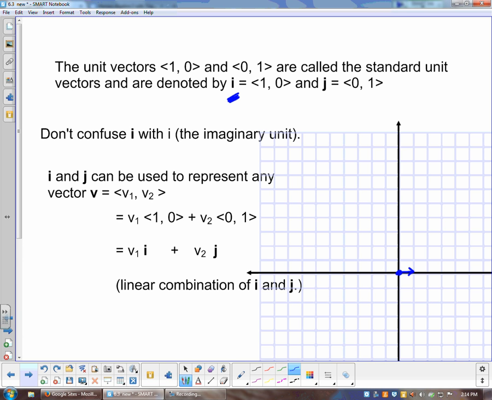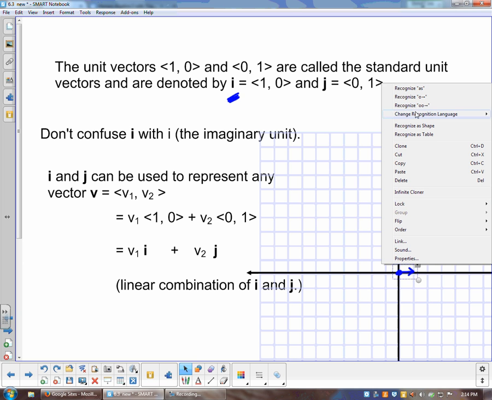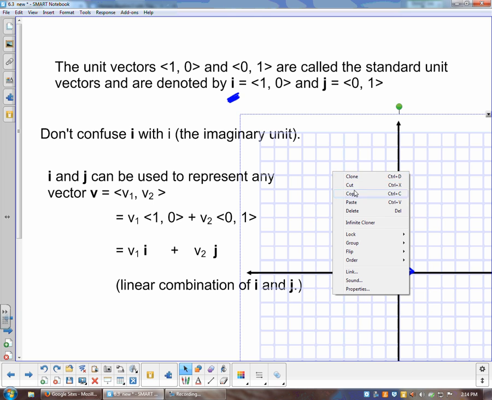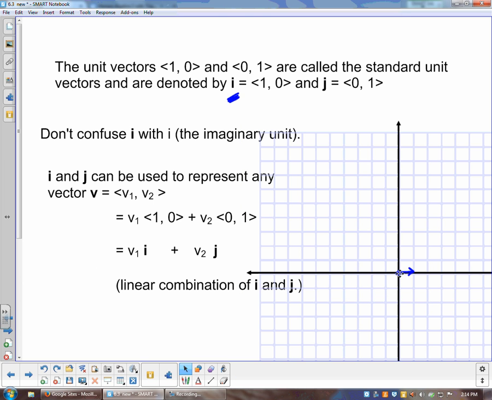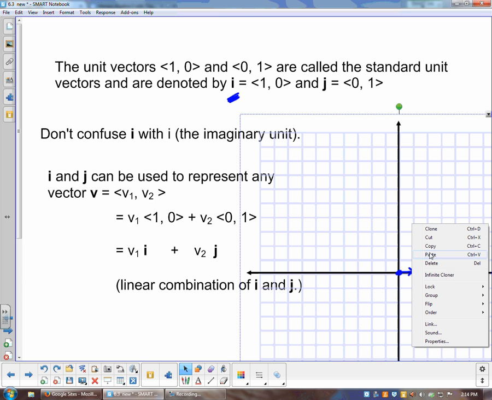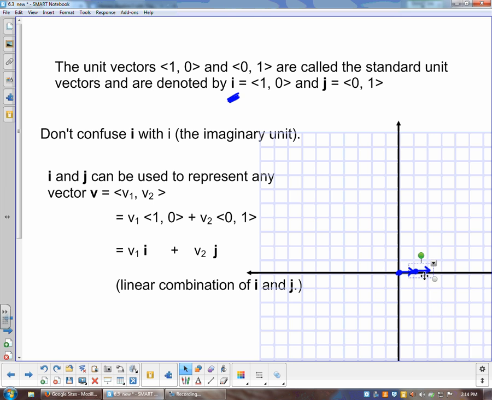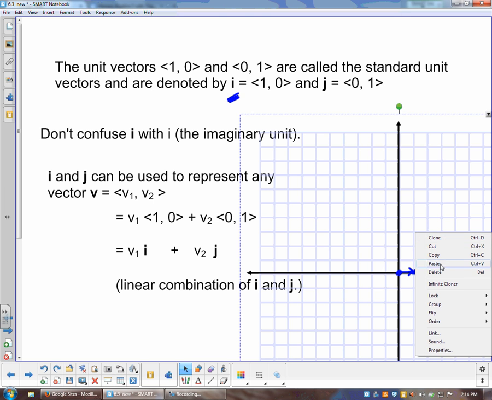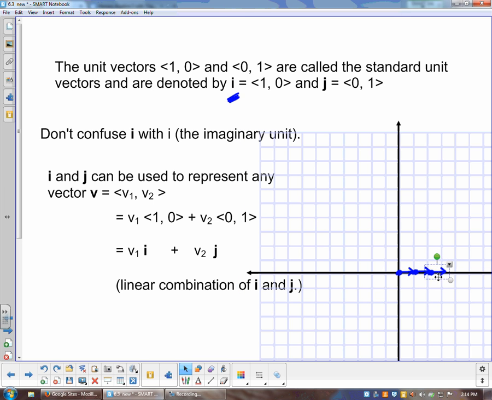All right, and the idea is we may want a combination of these. So I may want to put 2 of them together or 3 of them together and so on. If I put 3 of those standard unit vectors together, I would actually have the vector 3, 0.